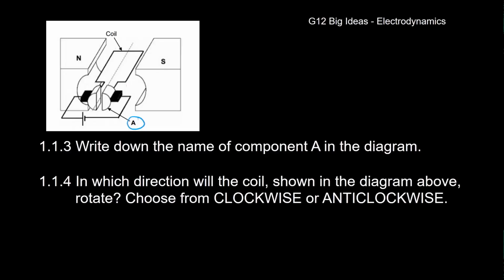They're not two rings. So the two names that we had were a split ring commutator or a slip ring. So this is the split, it's cut in half, and so it is going to be the split ring commutator.